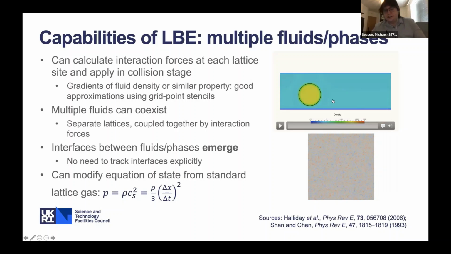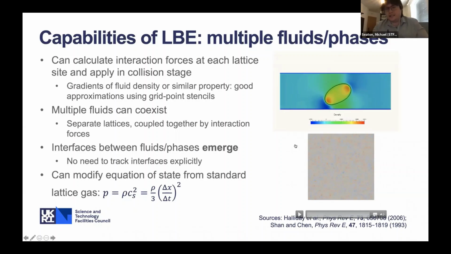I've got an instance here of a drop being dragged along by moving the top wall, and you can see that it not only deforms the drop and pulls it along to the right, the drop also lifts towards the center of the channel. Then there's another simulation here, of two fluids separating out from each other.